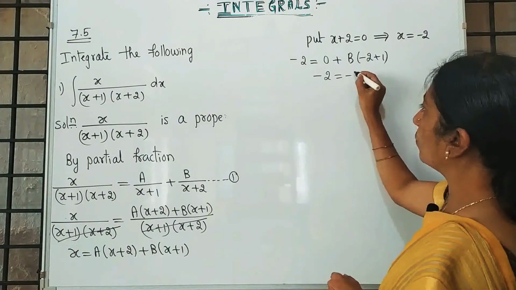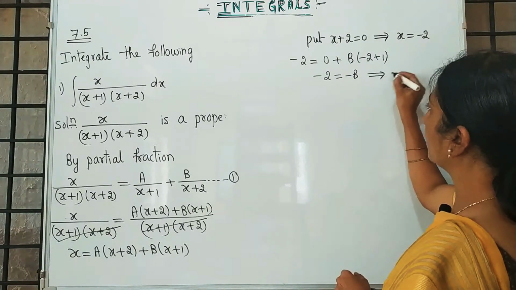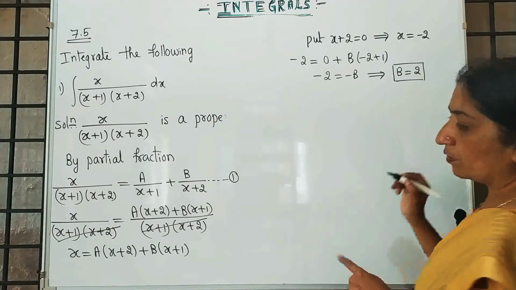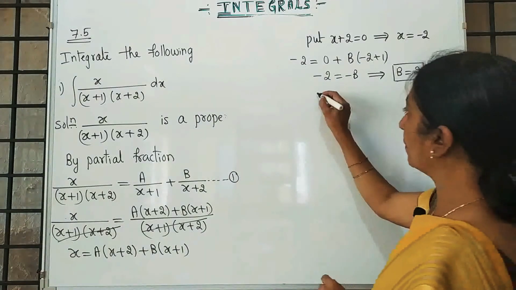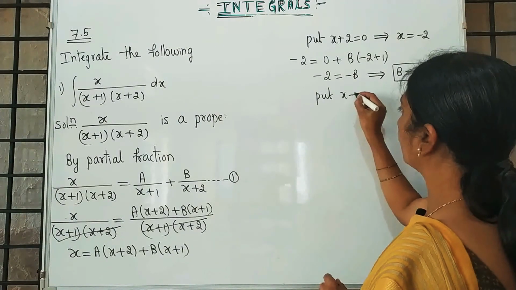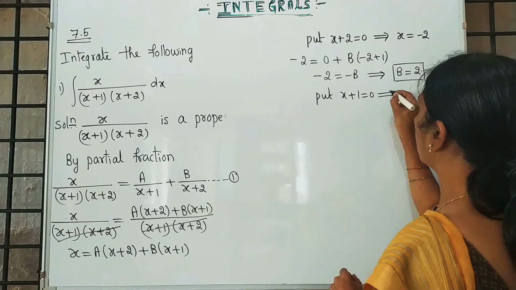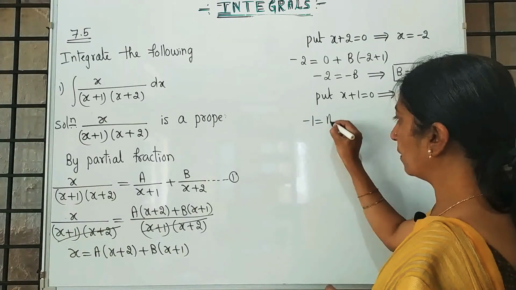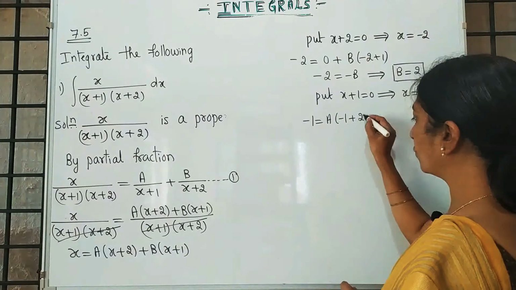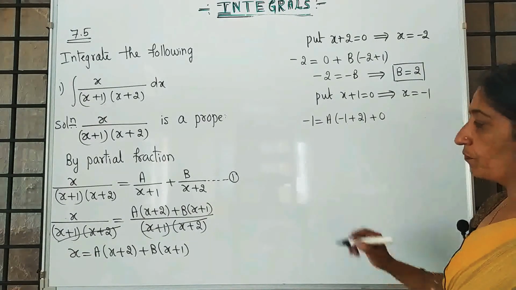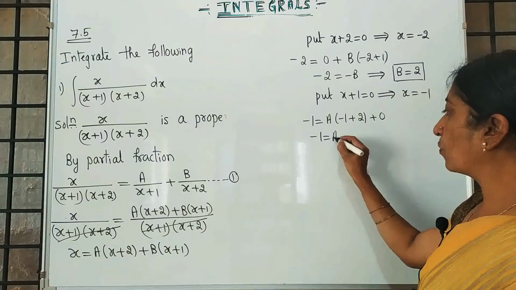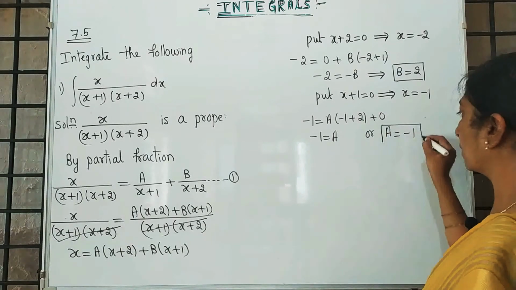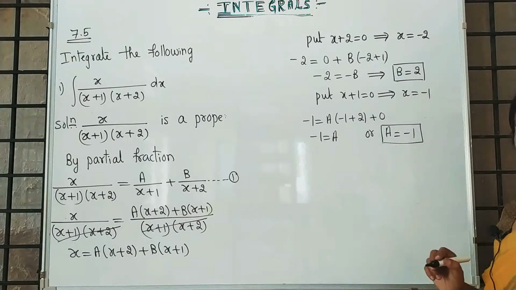Minus 2 is equal to minus b, which implies b is equal to 2. Now moving to the next one, put x plus 1 equal to 0, which implies x is equal to minus 1. Minus 1 is a into (minus 1 plus 2), b will be 0. So minus 1 is equal to a, or a is equal to minus 1. Both are correct.